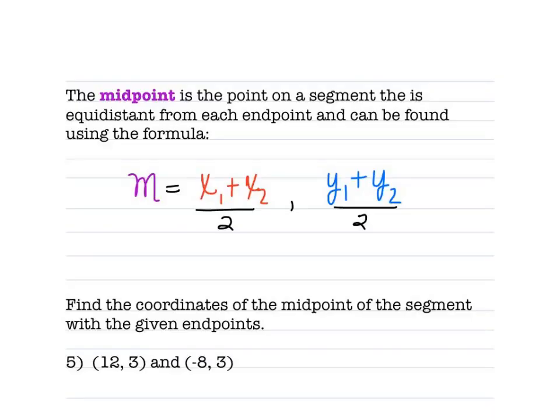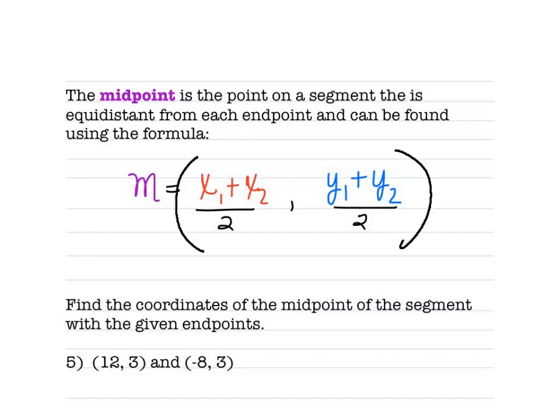Okay, let's go on to the midpoint formula. Let me define midpoint for you. The midpoint is the point on a segment that is equidistant, that is equally distant from each end point. And it can be found by using this formula.